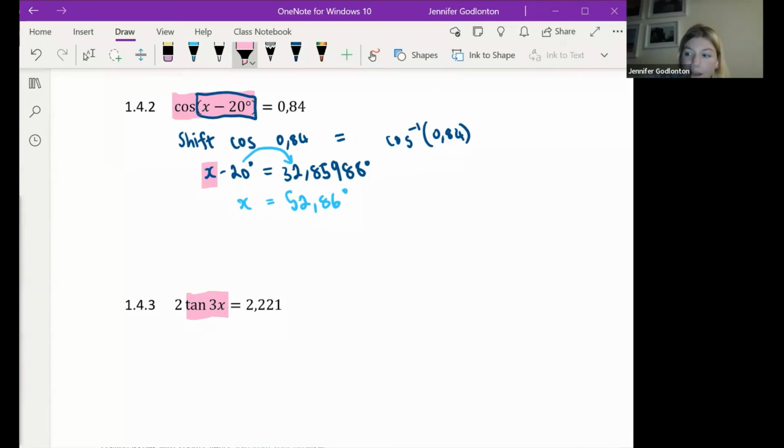So first isolate what I've got in pink, then move on to your calculator, and then isolate your x.